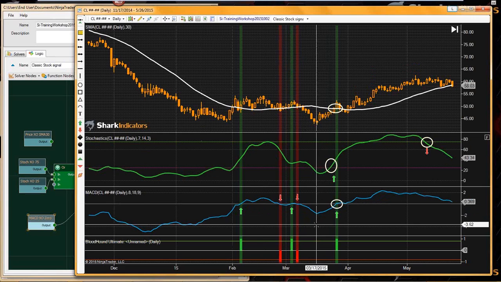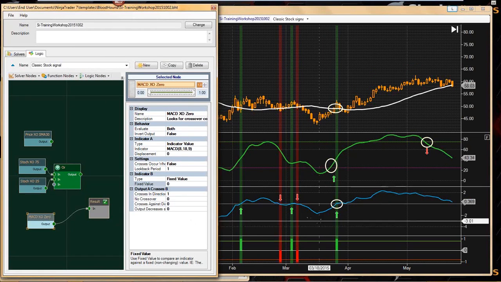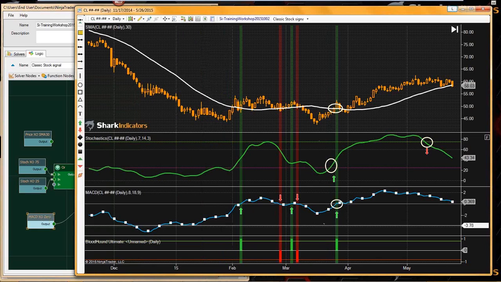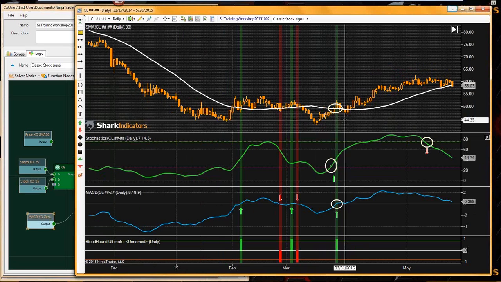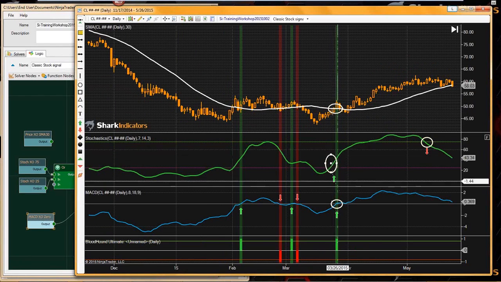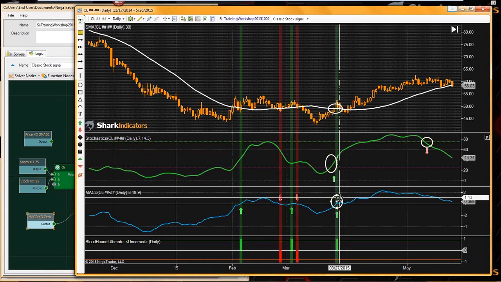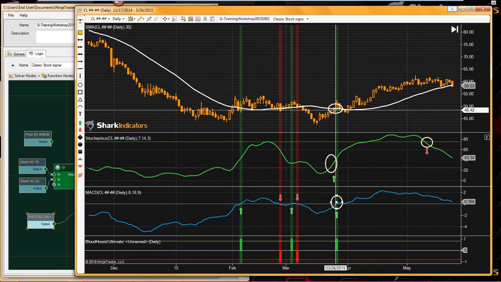All right, so let me get back to why I'm using the crossover for this MACD indicator. That's because, remember, the rules for this classic stock signal are that condition 1, condition 2, and condition 3 all need to happen typically within 3 days of each other, or 3 bars of each other.